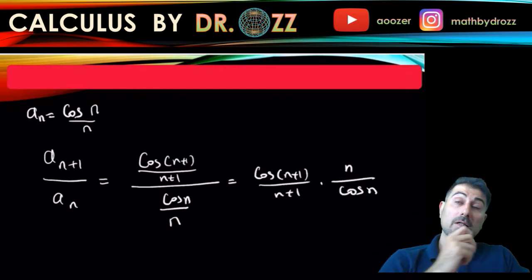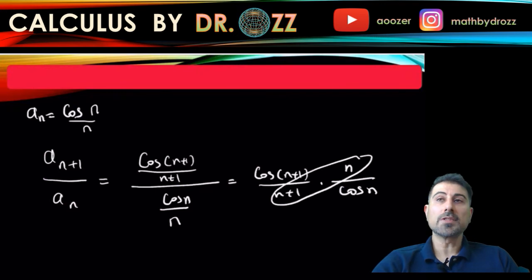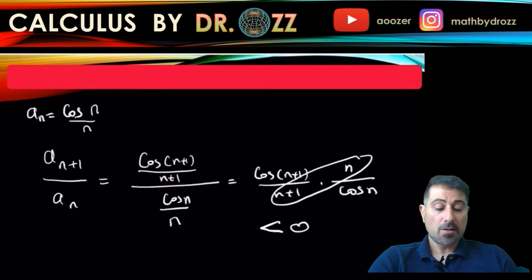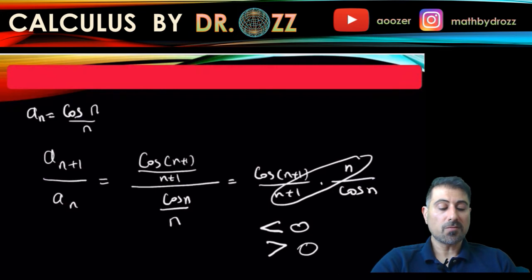So here the deal is not this part, but the division of two cosines. You can use your calculator, in fact, right now. For certain values of n this could be negative, and for certain values of n this could be positive. That's bad because we want a_{n+1} over a_n to be positive to start with, and then check if it is less than 1 or greater than 1.